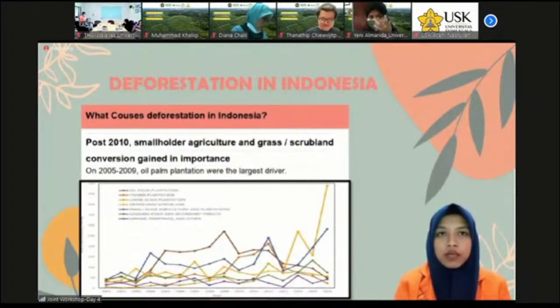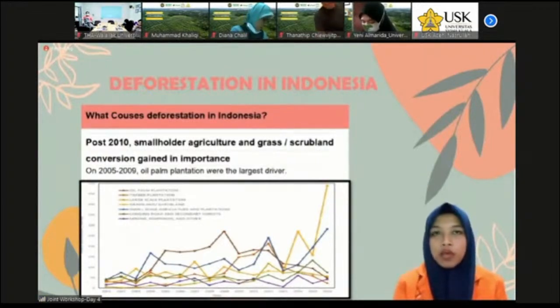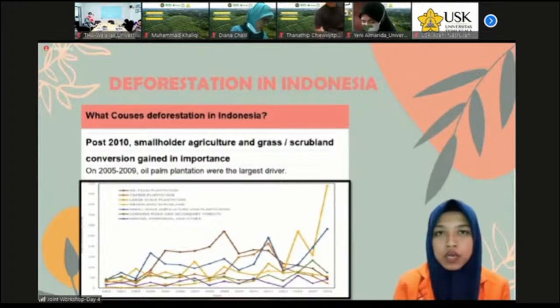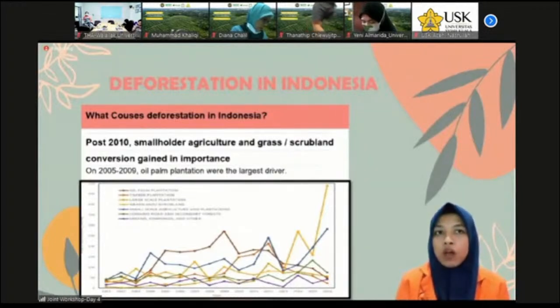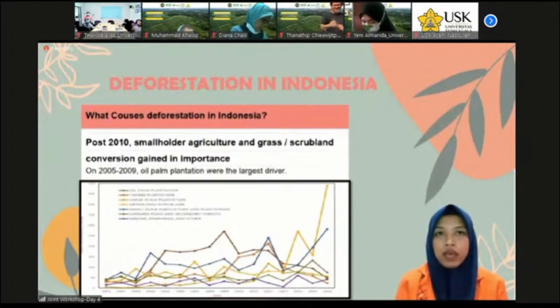From 2009, oil palm plantations were the largest driver of deforestation. But since the beginning of 2010, large-scale palm oil expansion has started to slow, and so has the deforestation associated with it, after peaking in 2009 and again in 2012.